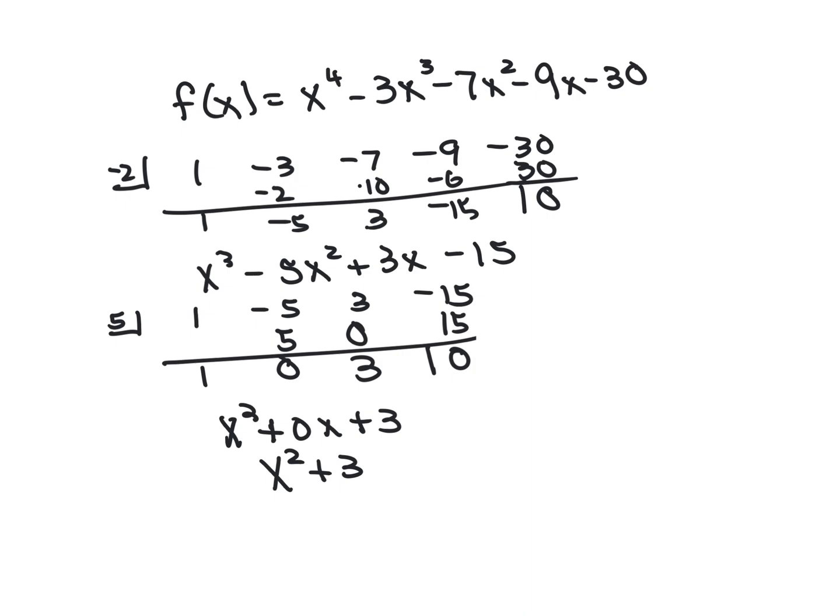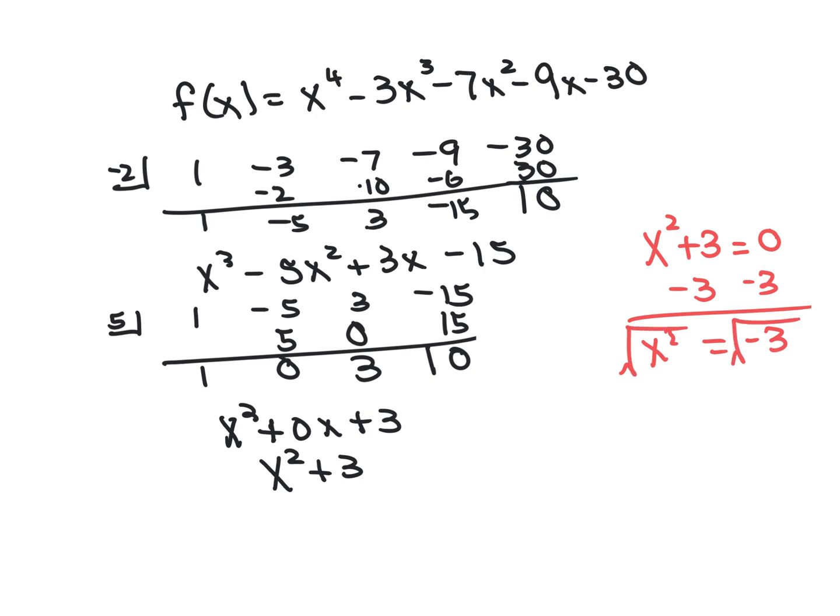All right, we are going to now try to factor that. So I'm going to take x squared plus 3, set it equal to 0, and solve it. So I get x squared equals negative 3. I take the square root of both sides, and I have to do positive and negative.